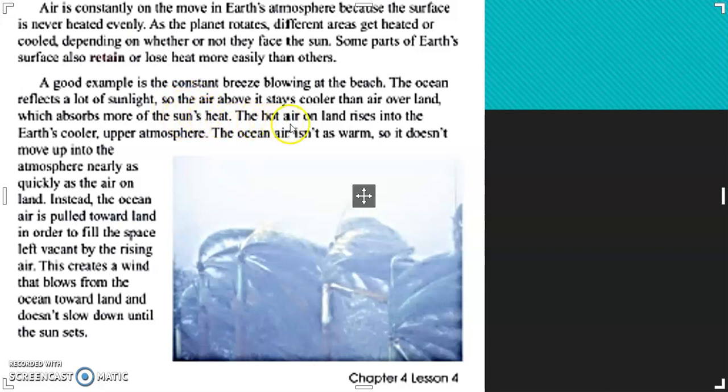So the hot air on land rises into the cooler upper atmosphere. The ocean air is not as warm, so it doesn't move into the atmosphere nearly as quickly as over land. Instead, the ocean air is pulled toward the land. So the water changes the behavior of the wind.